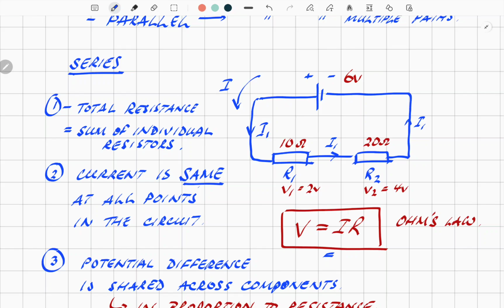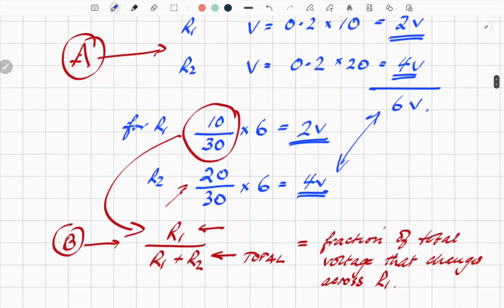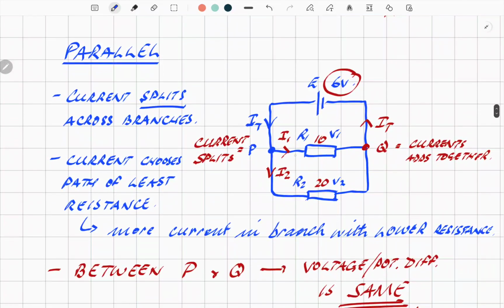In a parallel circuit, the voltage across the components, if they're arranged in this diagram the way it's done here, is the same, the potential difference. That remains the same, but the current will split. So each branch will have a different current if the resistors are different.